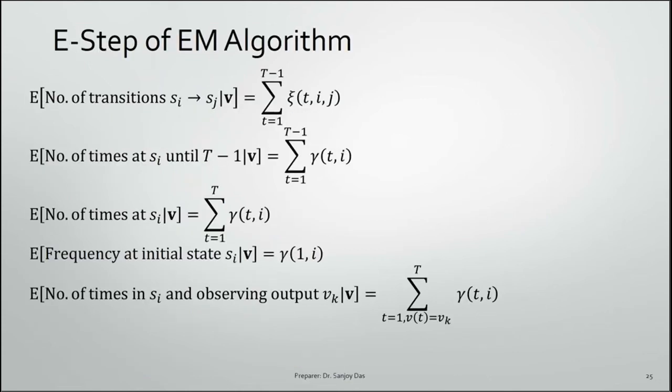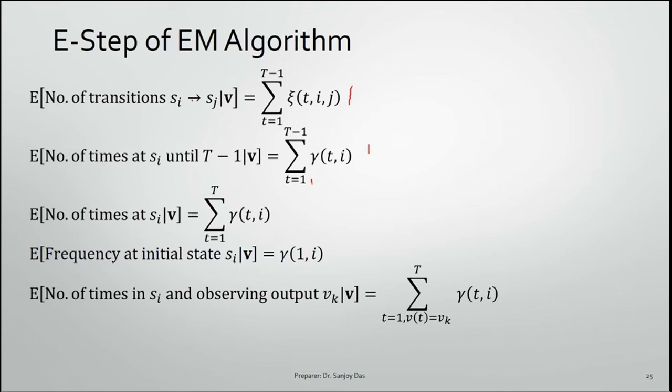So with these we get the E step of our EM algorithm. The expected number of transitions from Si to Sj is zeta Tij summed over t equals 1 through T minus 1. The expected number of times at Si until time step T minus 1 is the summation of gamma Ti from t equals 1 through T minus 1.